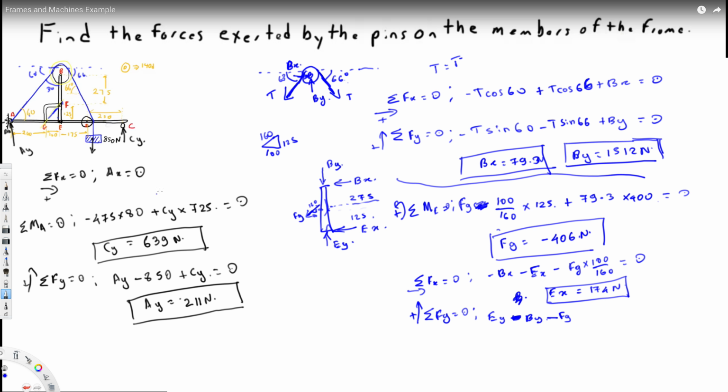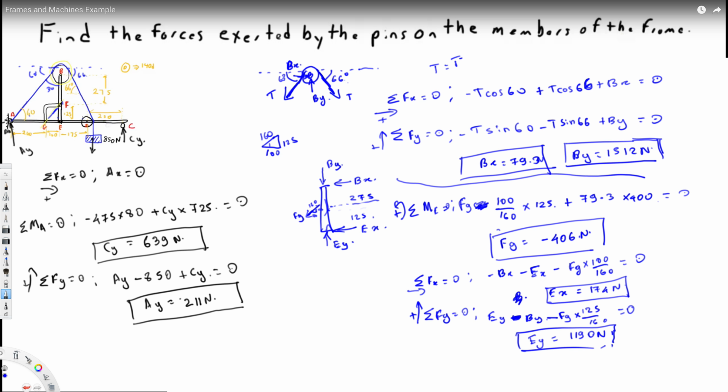Instead of sin theta I can put 125 over 160, equal to 0, and I can solve for ey. If I solve for ey I will get 1190 Newton. That's all we need to know.